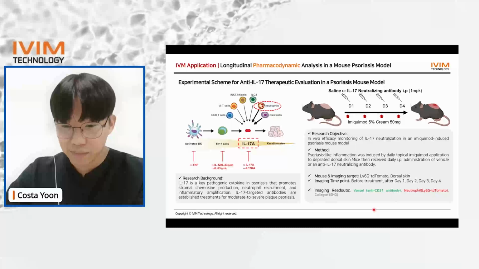To assess vascular dilation, blood vessels were labeled with a fluorescent antibody. As mentioned earlier, neutrophils were visualized using the reporter mouse, and collagen and dermal layer were visualized using second harmonic generation imaging, SHG.